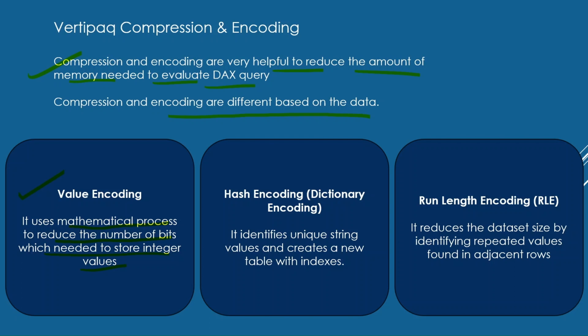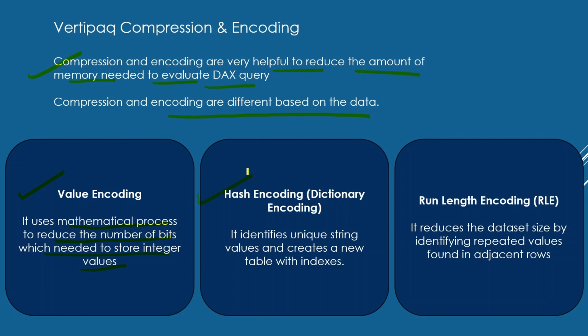It will figure out some kind of relationship among the values present in that column, and this value encoding will be used only for those columns which have integer data type.